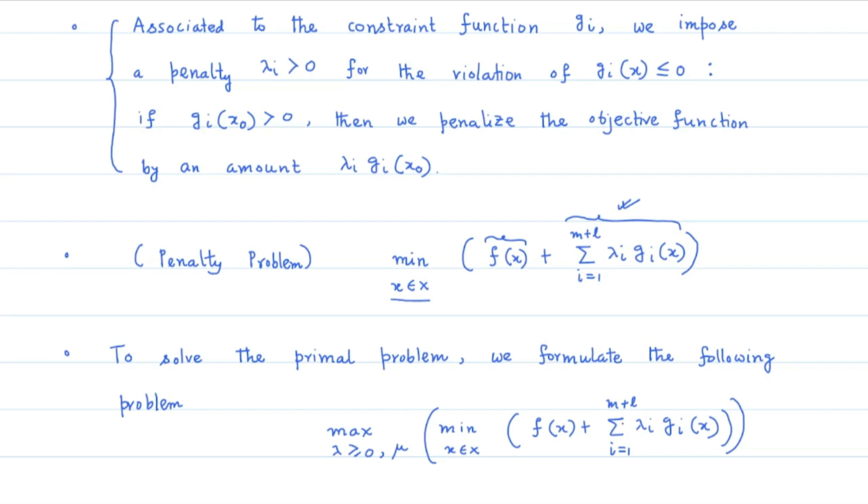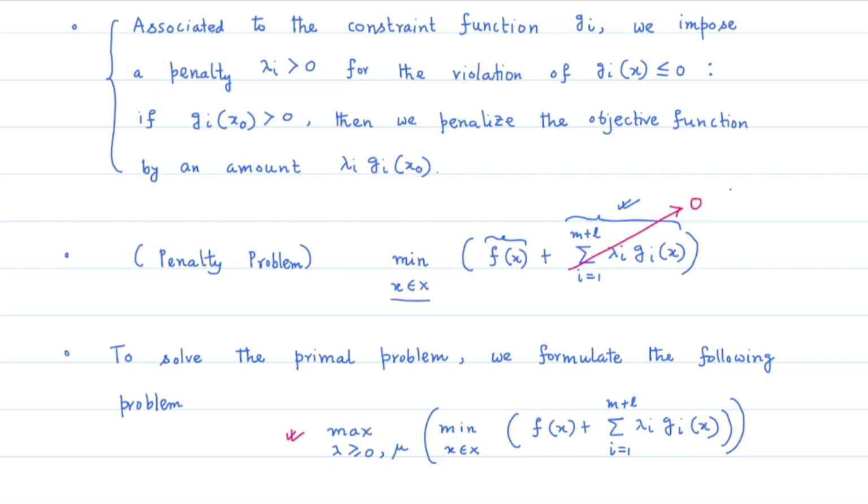And here I reiterate that when I take the maximum value of these penalties, then certainly, as you don't like to be penalized, the maximum value of this problem is going to be given by a particular point in capital X which satisfies all the constraints, for which we don't have any penalty, and this term is going to be equal to 0.